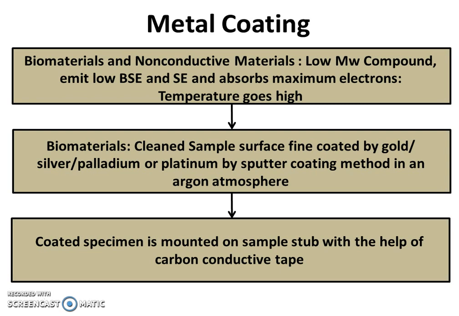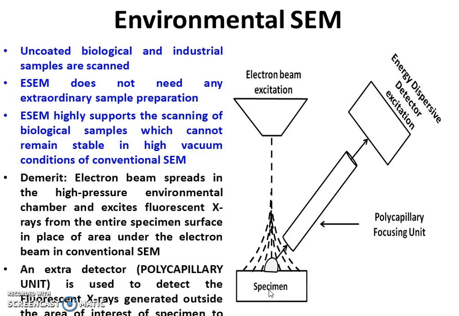Under that, these materials emit low backscattered electrons and scattered electrons, which absorb maximum electrons, and then the temperature goes high. So clean biomaterial sample surfaces are finely coated by gold, silver, palladium, platinum by means of the sputter coating technique under argon atmosphere, and these coated specimens are mounted on a sample stub with the help of carbon conductive tape.